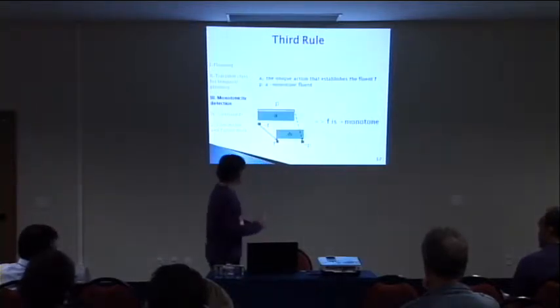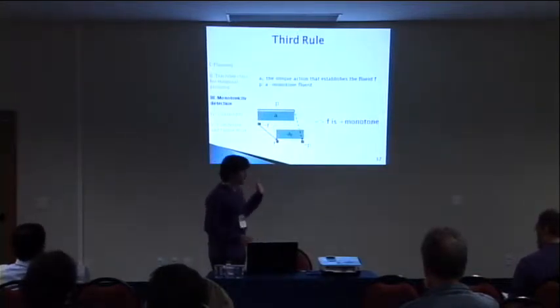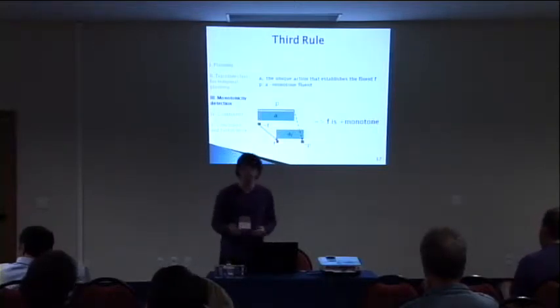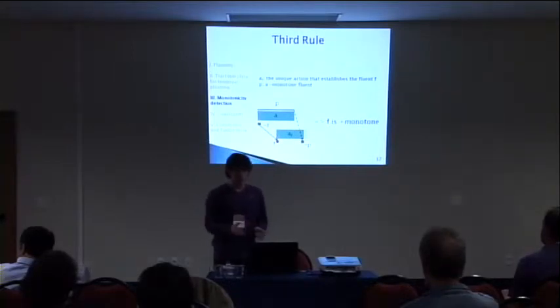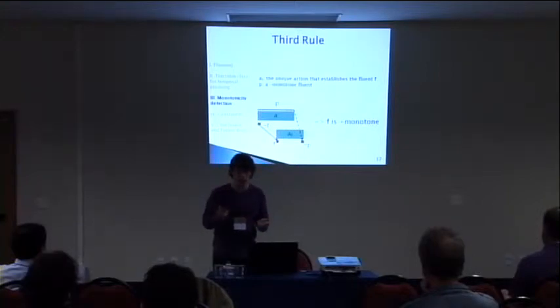We can see in the same way here, if we have once again the action AF that establishes the fluent F and the fluent P that is minus monotone, if the action AF destroys P, then we can't reuse the action A that has P as a condition.